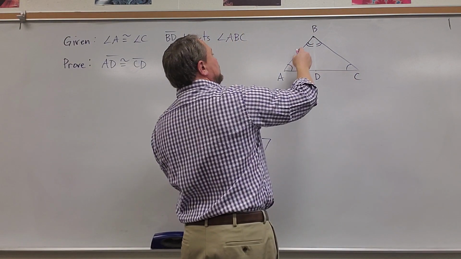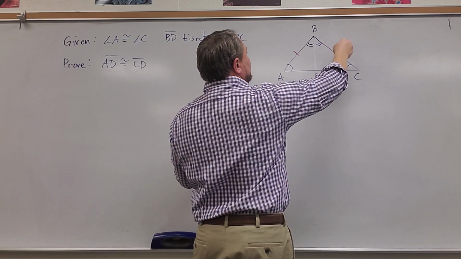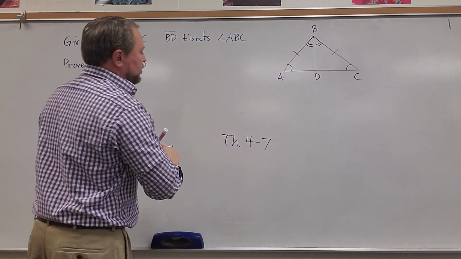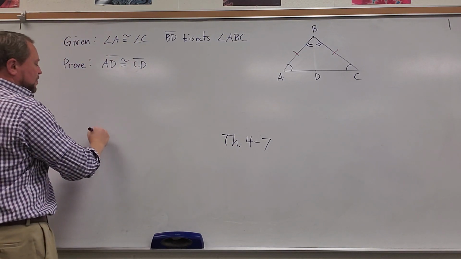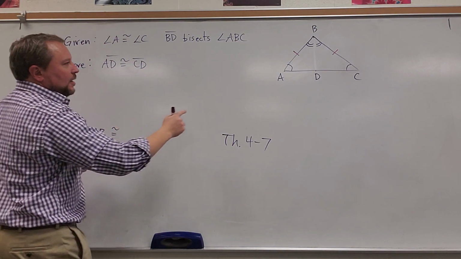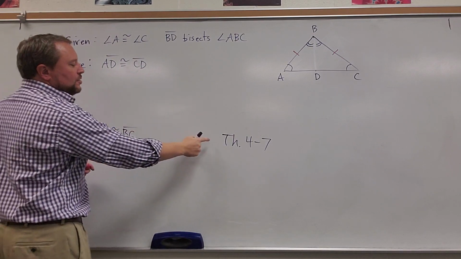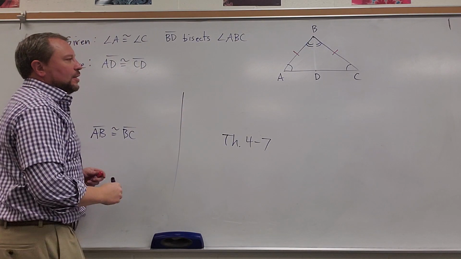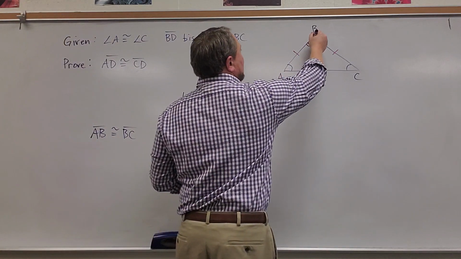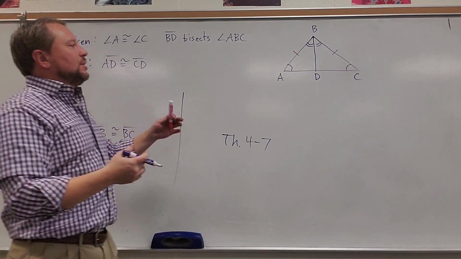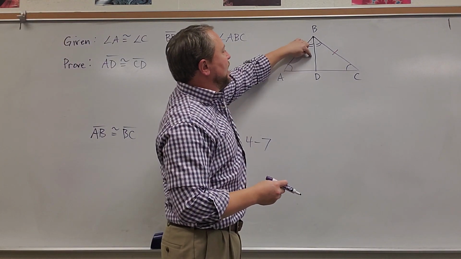So clear across from that one and clear across from that one would be those sides. So I could state those sides congruent, AB and BC, using theorem 4.7.